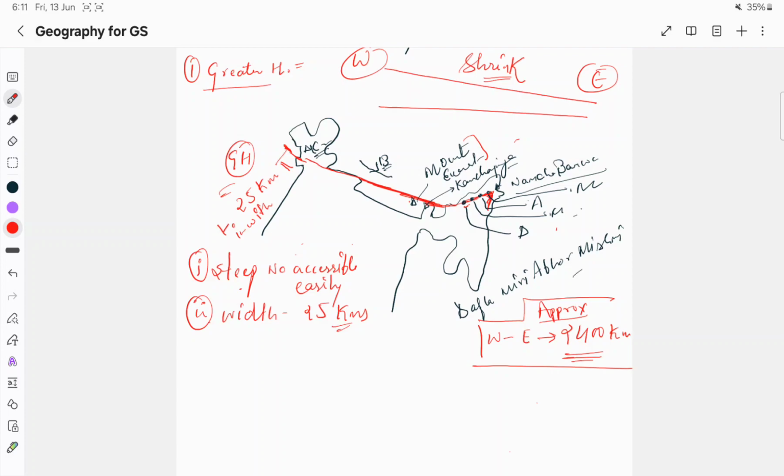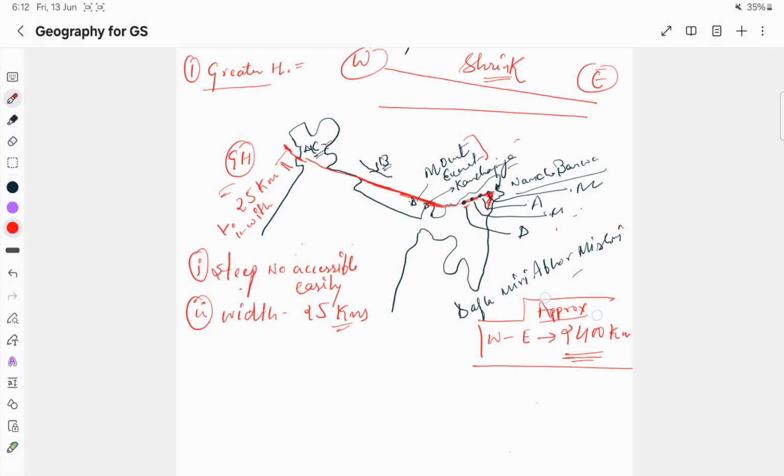These are the northernmost Himalayas, and they do not extend only in India. The very first thing you should know: sometimes we think Himalayas belong only to Indian territory. No, they extend into Nepal also, a bit in Tibet, some part of China also, and in Bhutan also. So we see Himalayas not only in India.